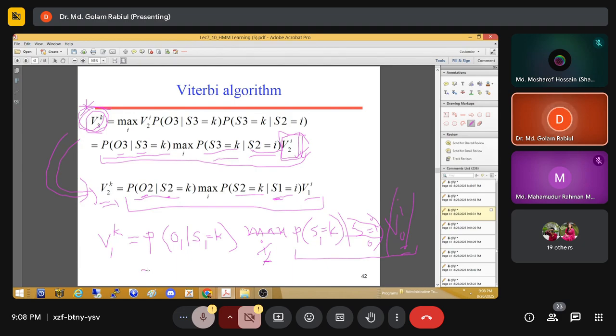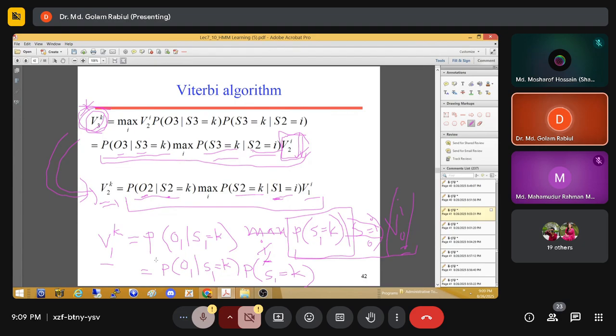So V1 of K equals the probability of observation 1 given S1 equal K, times the probability of S1 equal K. So this one will be our V1 of K.